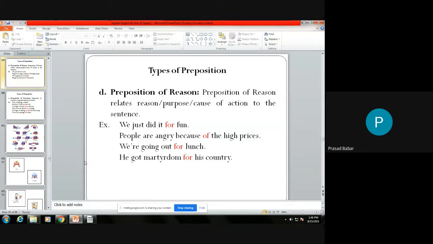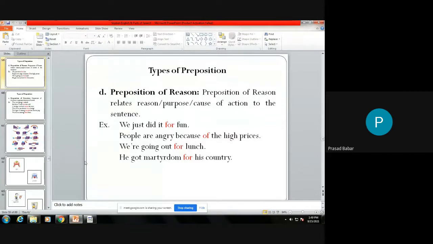Next example is: people are angry because of high prices. People are angry because of the high prices. In this example, "because of" is working as the cause of action. Why are people angry?